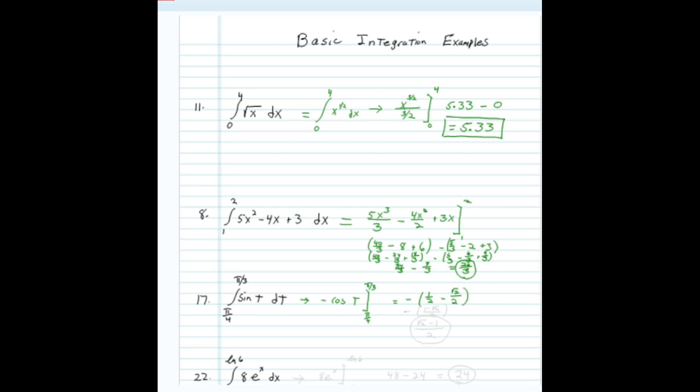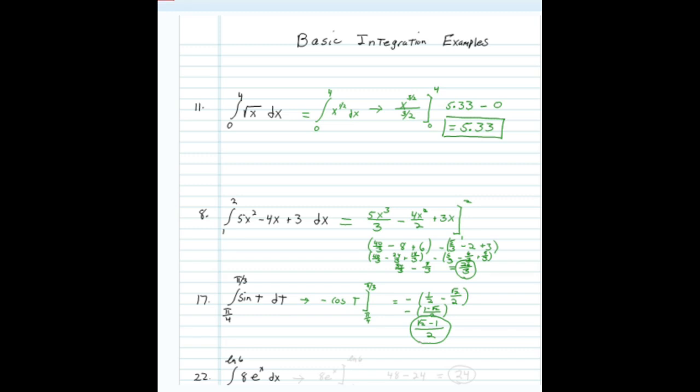All right, so I can write that this way. Or, since there's a negative sign outside, just turn that around and write it this way. And you can reduce that in your calculator if you like.